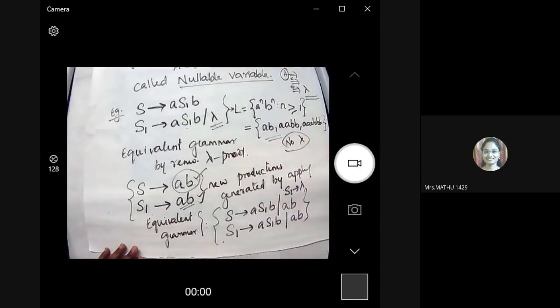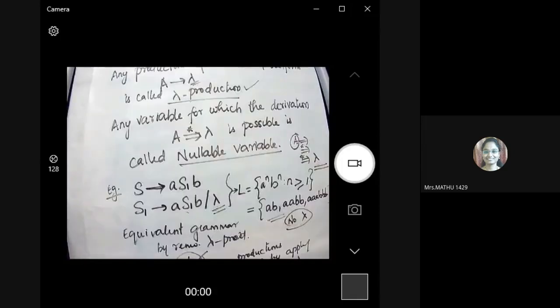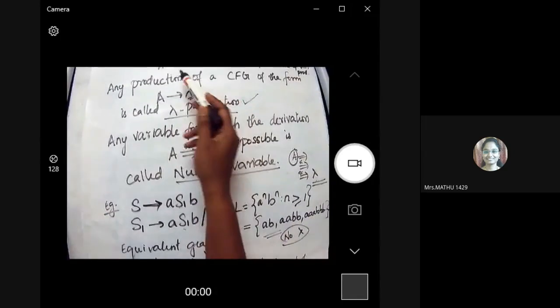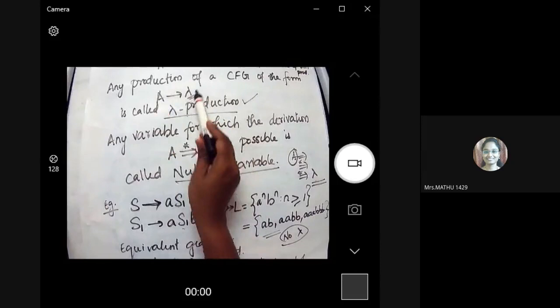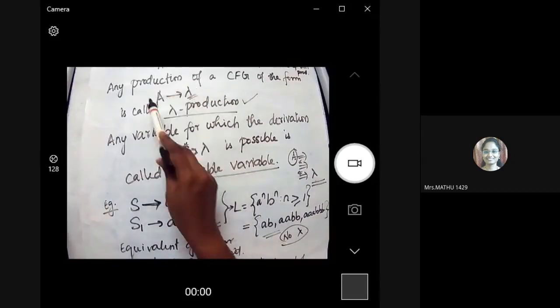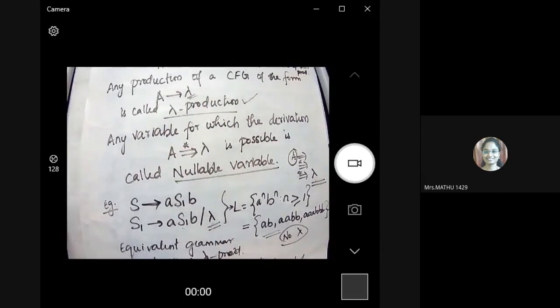Is that clear? So what is a lambda production? We can easily identify a lambda production by looking at the production. If lambda is present on the right hand side of the production, it is called a lambda production. And apart from this, there are some other variables that will generate lambda after some derivation steps.